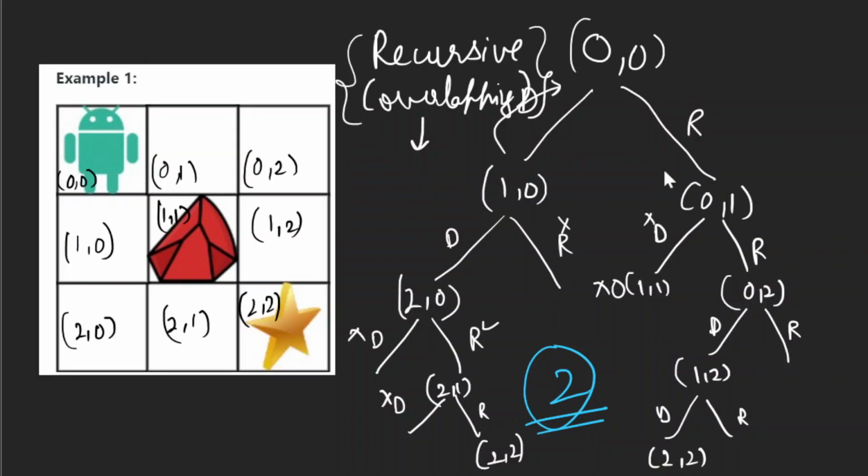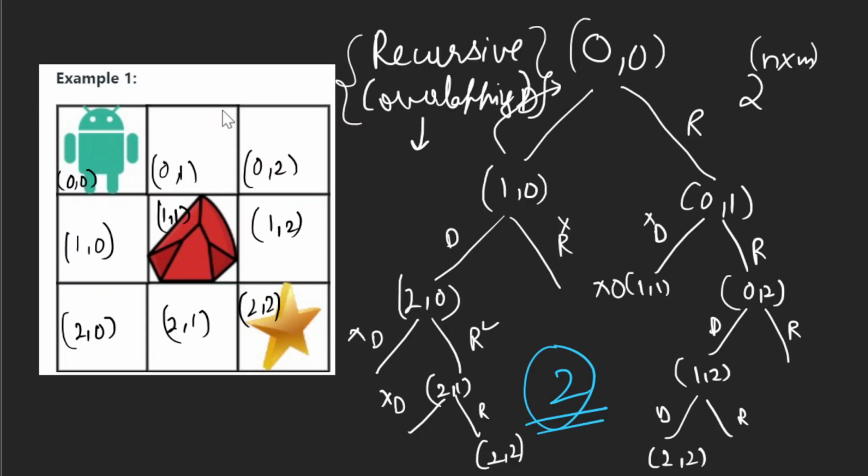And by the way, for this solution, the time complexity will be 2 raised to power n, where n is the number of cells, which is n cross m, right? So this is the time complexity, which is very, very slow, and it's not acceptable in interviews or any case like that. So we have to come up with some optimized solution.